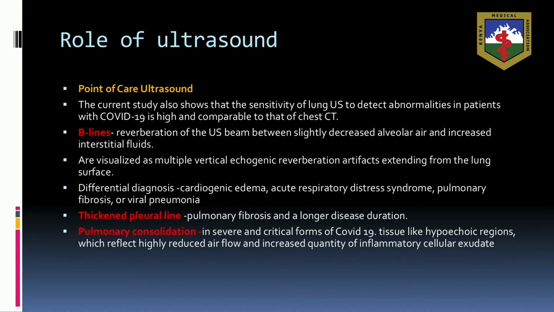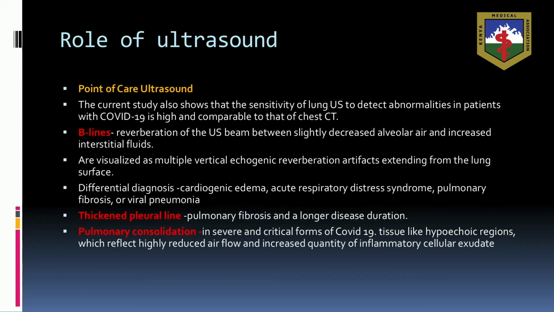In ultrasound, we look at B lines, which are reverberations of the ultrasound beam between slightly decreased alveolar air and increased interstitial fluids. Basically, in consolidation, what happens? You have inflammatory fluid, and in a well-aerated lung, you have air. Air is echogenic, but where you have fluid, then it becomes hypoechoic.